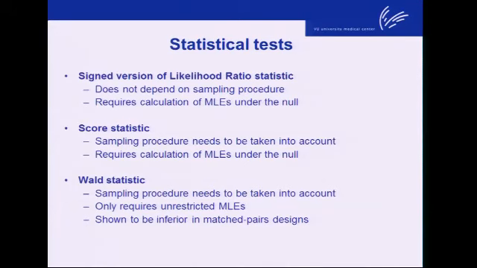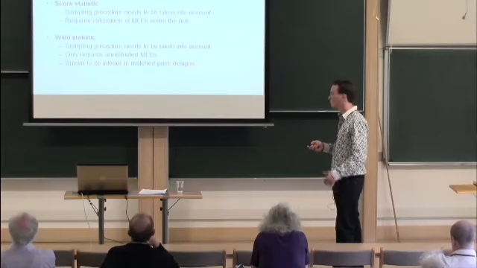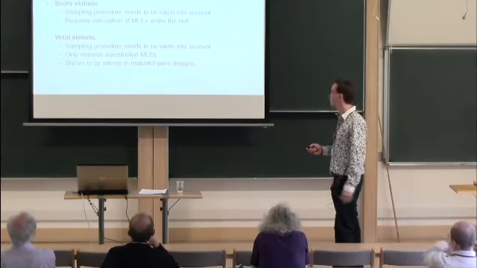We have also included a Wald type statistic, although Wald type statistics are usually not recommended for this type of data, but we just use it as a comparison, and it only uses the unrestricted maximum likelihood estimators, which we have in closed form. So that's why we included it in our analysis.